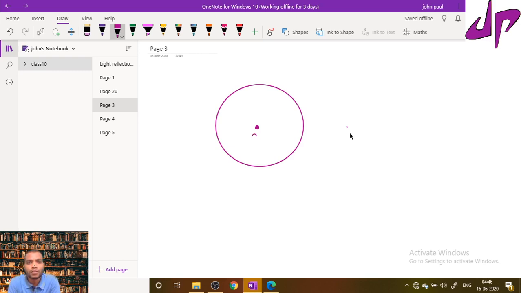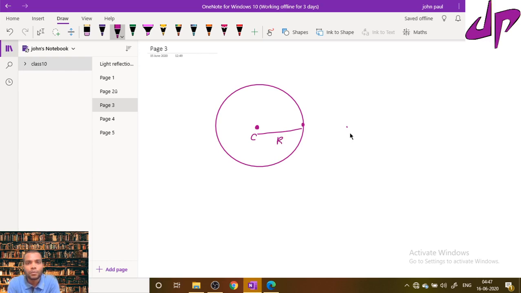We denote it with capital C, and this capital C is also known as the center of curvature. The distance from the center of curvature to the edge is known as the radius of curvature, capital R.